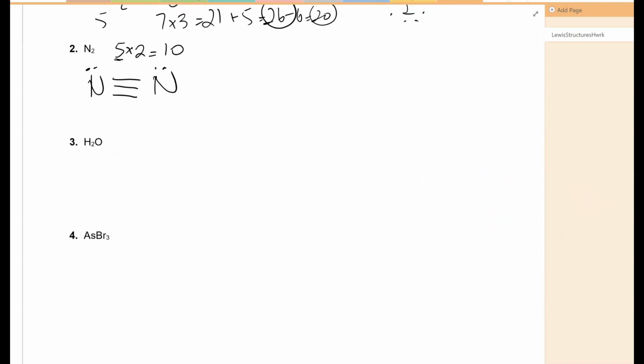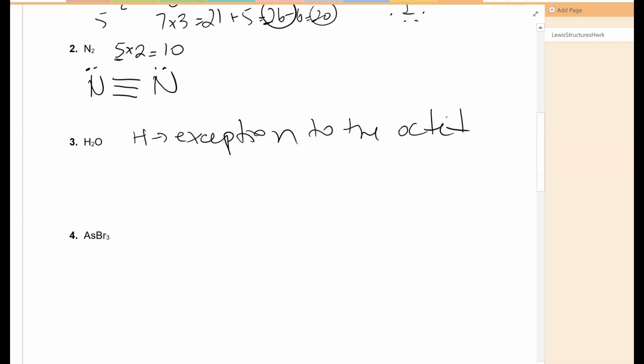Next one is the water molecule. So water has 2 hydrogens and an oxygen. Here's the thing about hydrogen. Hydrogen is an exception to the octet rule. Hydrogen only has 1 electron, so it wants 1, so it's happy with just 2.